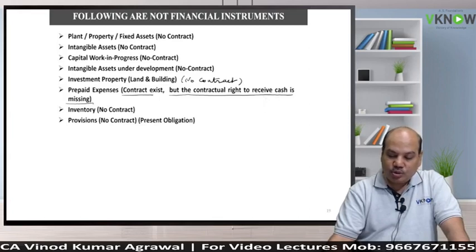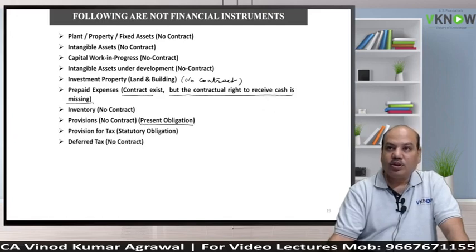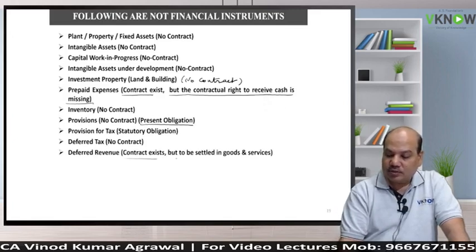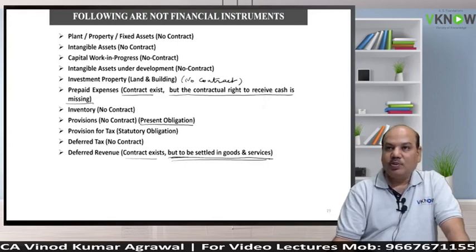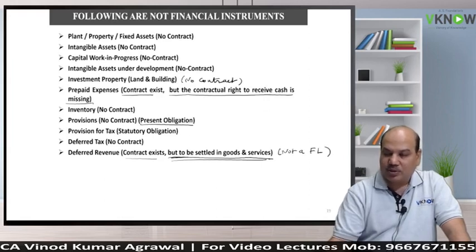Provisions, no contract. It is a present obligation. Then we have provision for income tax is a statutory obligation. Deferred tax is not a contract. Deferred revenue is a contract, but it will not be settled in cash. It will be settled in goods and service. So it is not a financial liability.